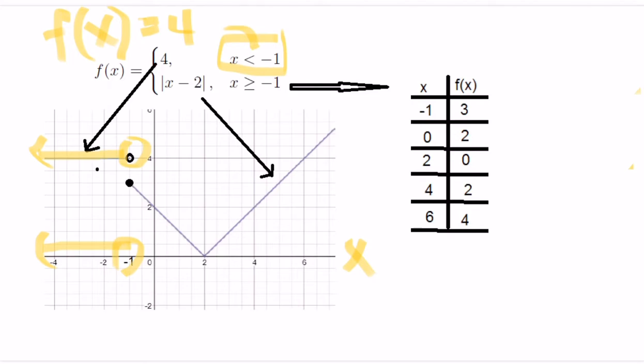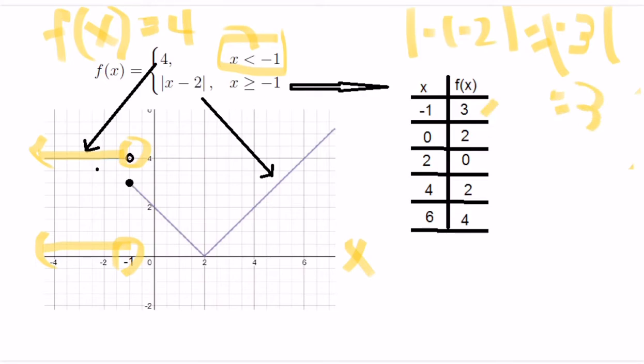Now how about the second subfunction, absolute value of x minus 2? We have it here. By substitution, for example, if x is -1, substitute: -1 minus 2 is -3, absolute value, so we have 3.